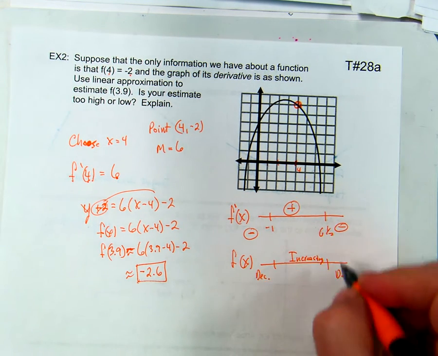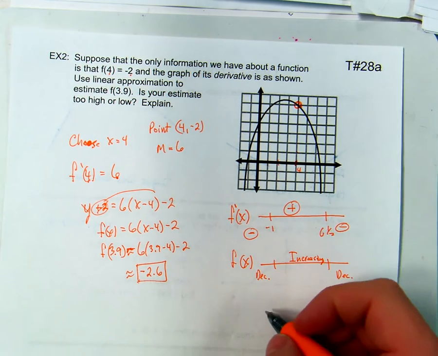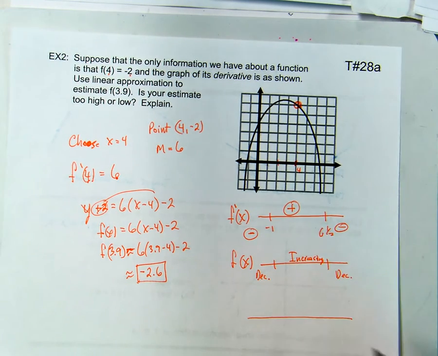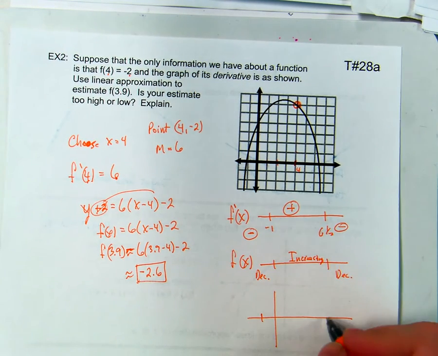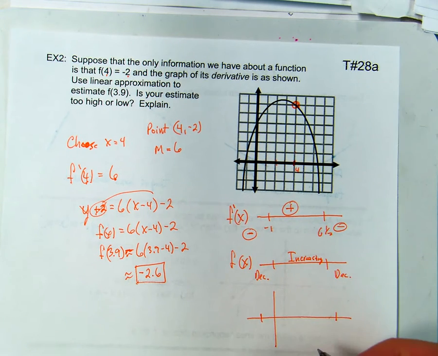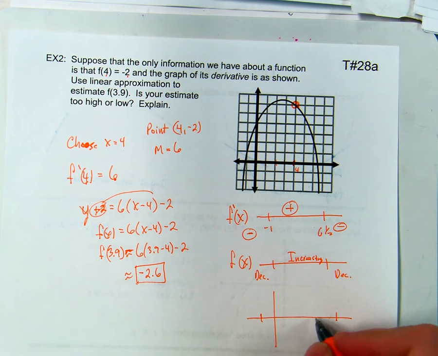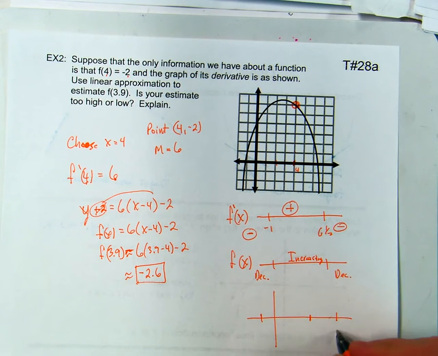So here's negative 1, here's 6.5, and we could even throw in 4 over here: that's 6.5, that's negative 1, that's 4.